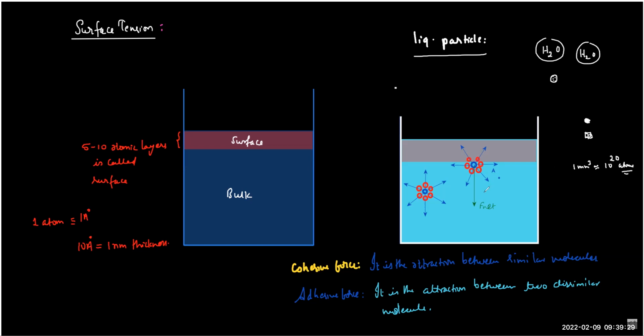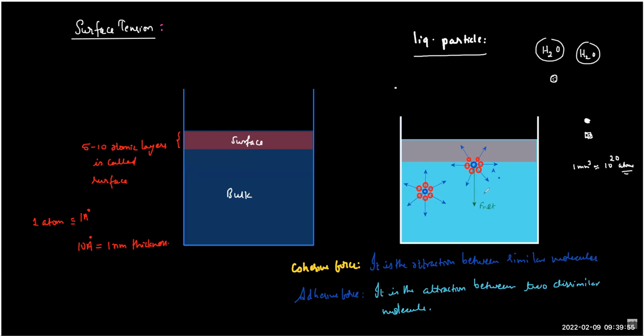And this work done gets stored in the form of potential energy of the surface. We call it surface energy. So every molecule which is trying to go from the bulk to the surface will have greater potential energy compared to the molecule in the bulk.